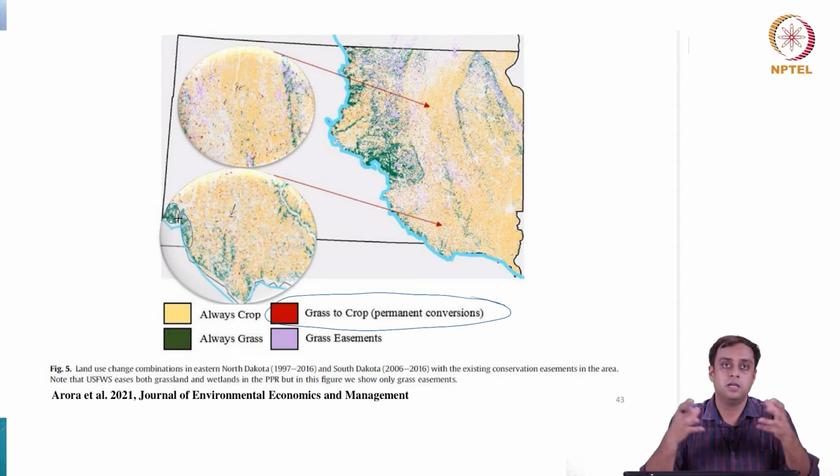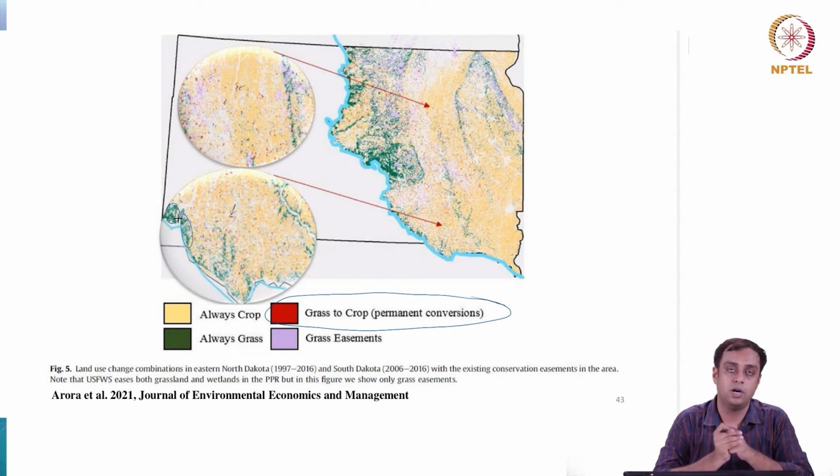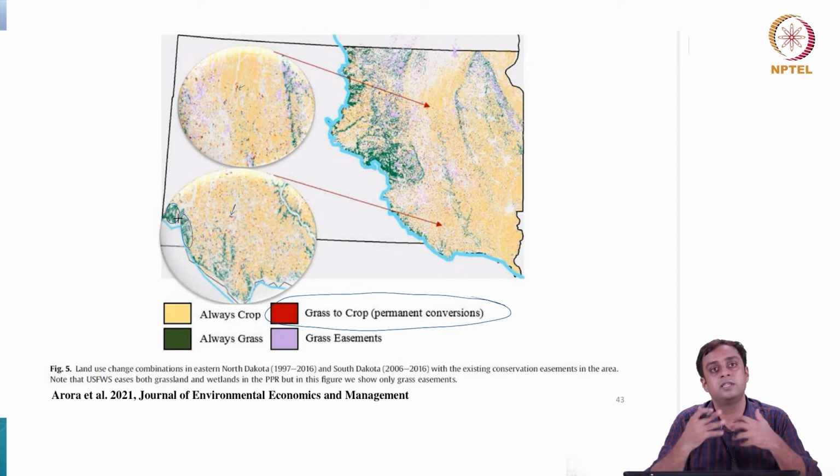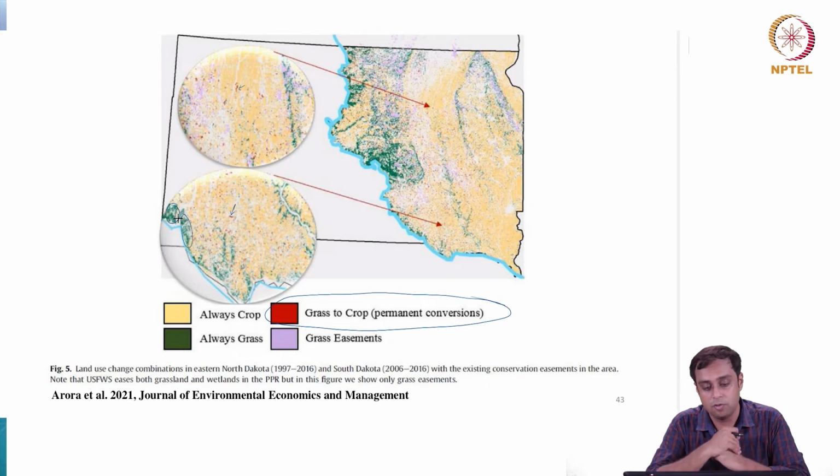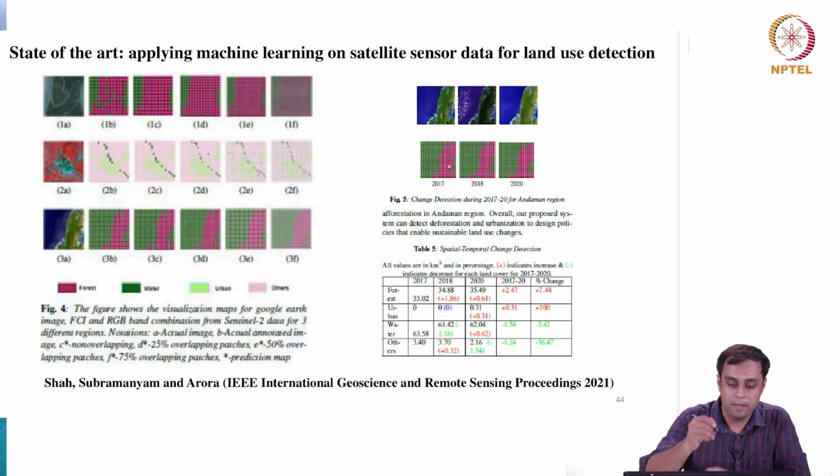There are highways, transportation infrastructure, there are mandis. So this infrastructure incentivizes landowners or farmers to convert their land to cropland in regions which are already highly cropped.